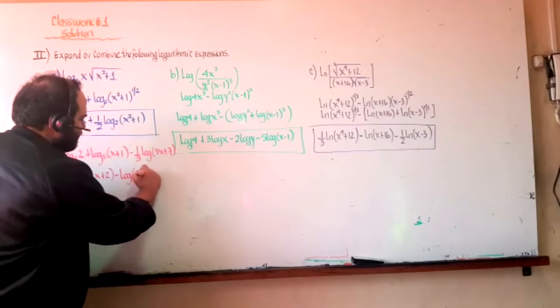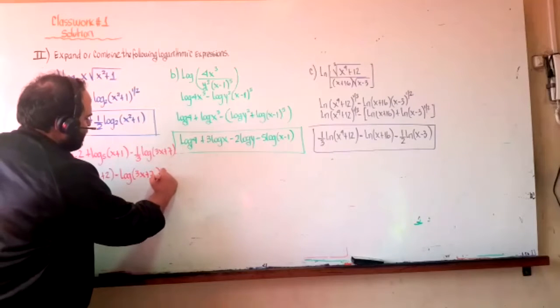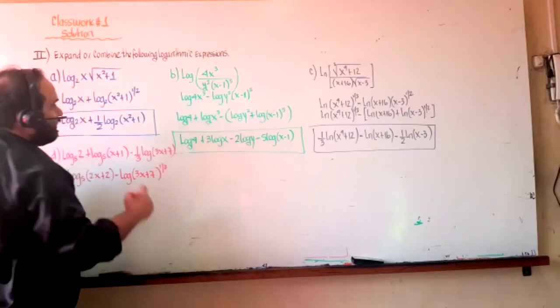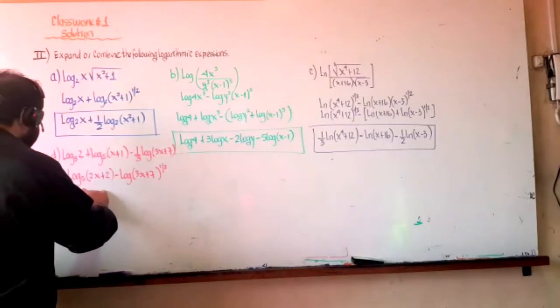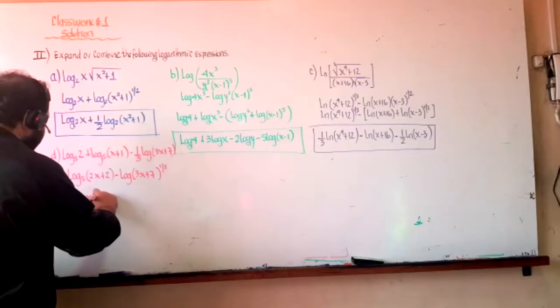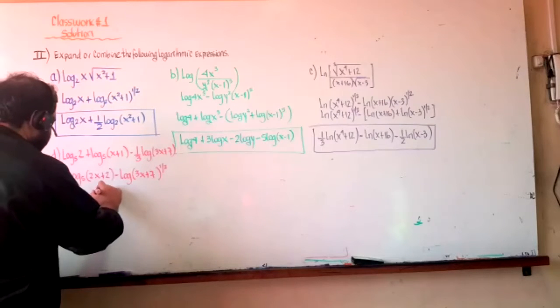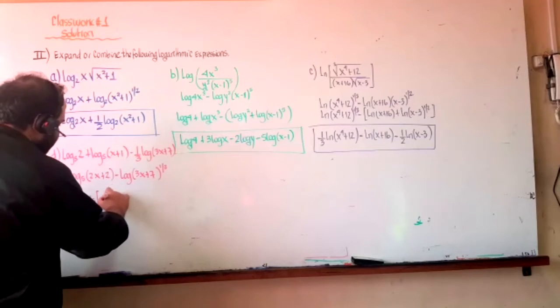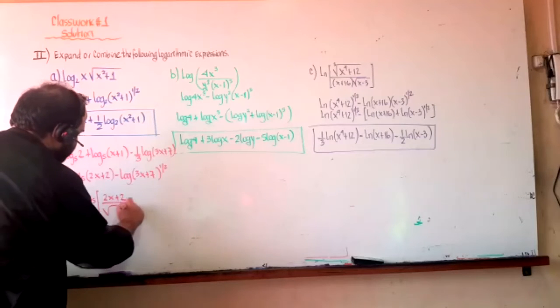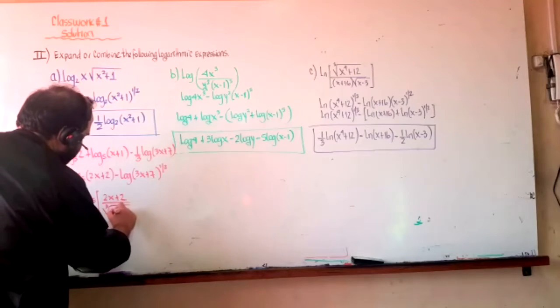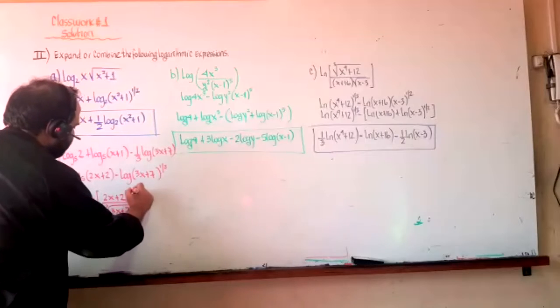Log parentheses 3x plus 7 elevated to 1/3. Now, because both are subtracting, passes to divide. And the answer will be log base 5, if you wish brackets, 2x plus 2 over cubic root 3x plus 7.